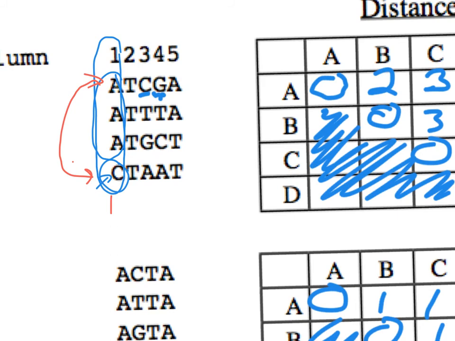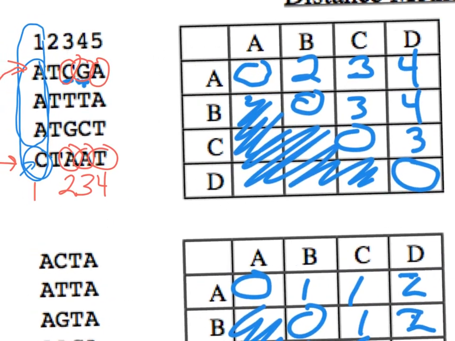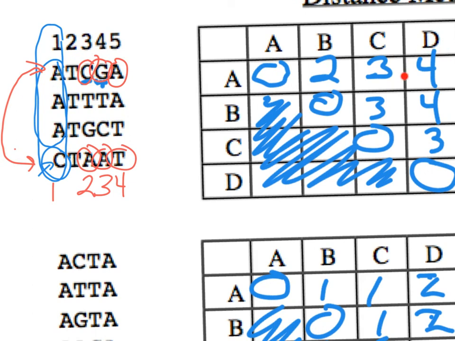Where else are there differences between species A and D? There's a second one there. There's a third change there, and there's a fourth change there. So that's why I wrote there were 4 changes when I did the pairwise comparison of the sequences from species A and D.